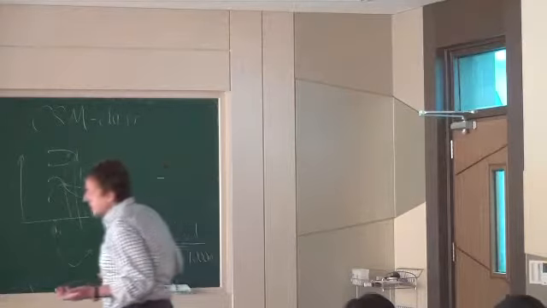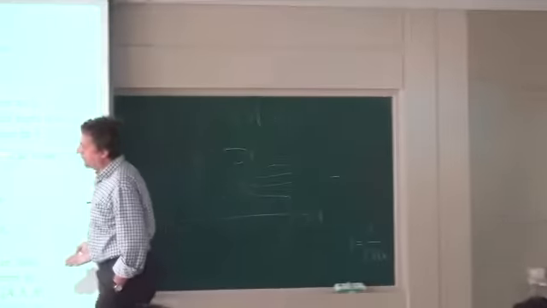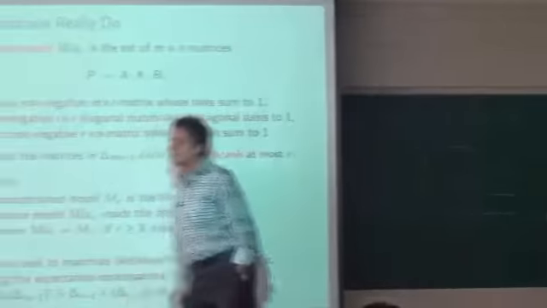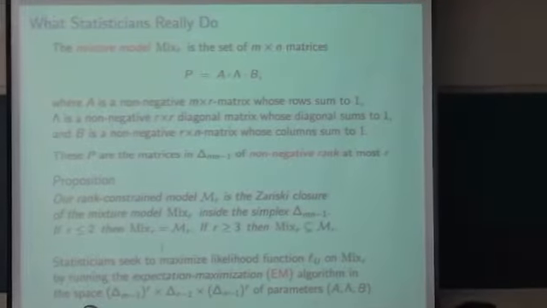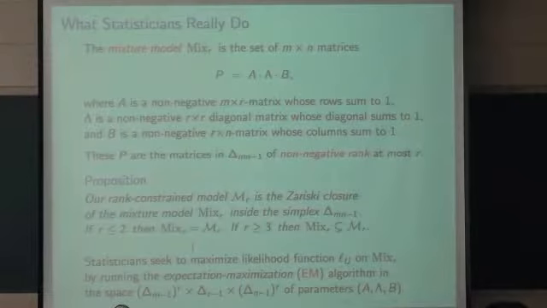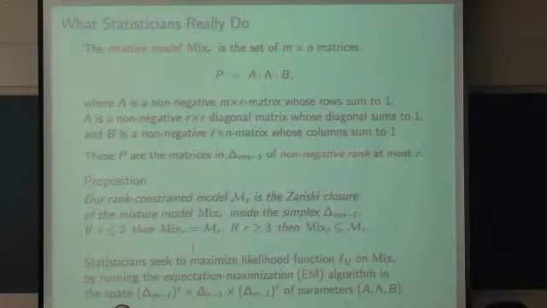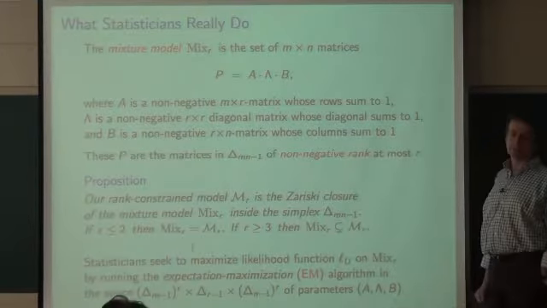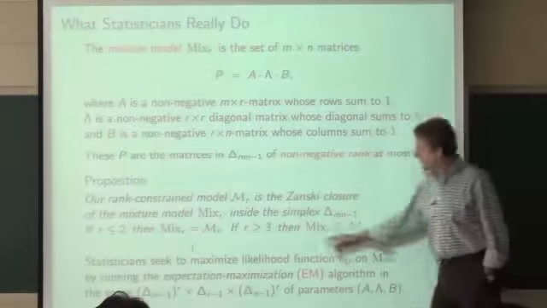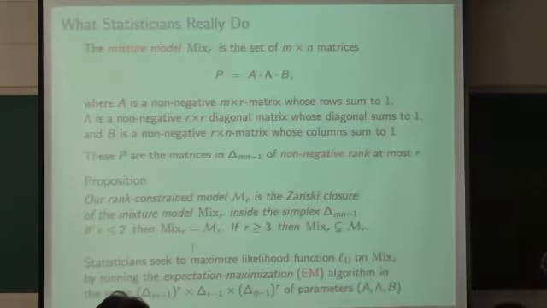Now here's a little proposition. If R is 2, then they're the same. If you have a non-negative matrix of rank 2, its non-negative rank is also 2. But in general, that's false. In general, the mixture model is strictly contained in the low-rank model.